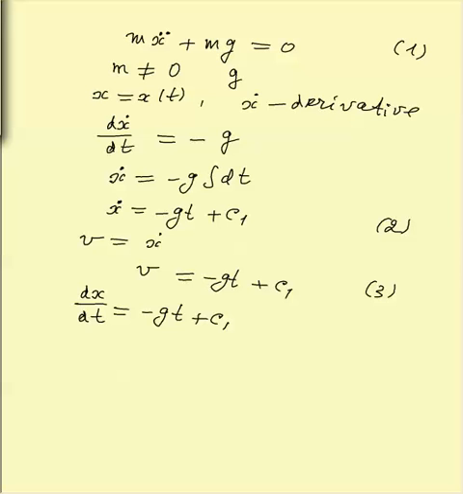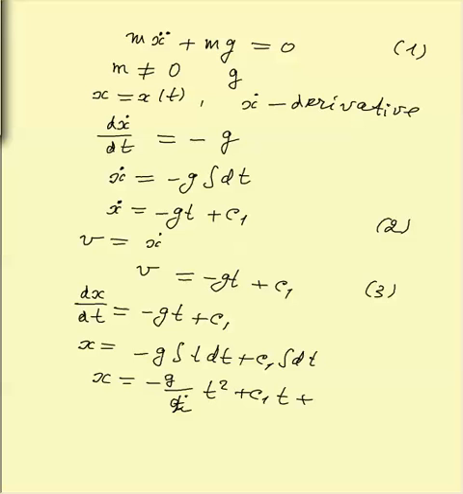Integrate this equation and obtain x equals minus g integral t dt plus c1 integral dt, whence x equals minus g over 2 times t square plus c1 times t plus c2, where c2 is another arbitrary constant.